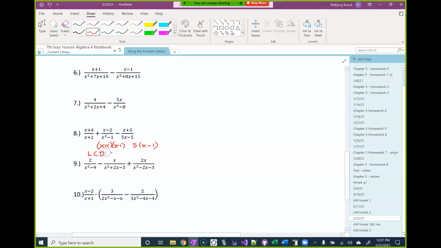So my least common denominator is going to have a 5 in it, an x plus 1, and an x minus 1. Since the most times that the x minus 1 occurs in any fraction is once, I just have one of those. And the same thing with the x plus 1. In any one fraction, the most times that occurs is one time. So I just need one of those. Is that okay?